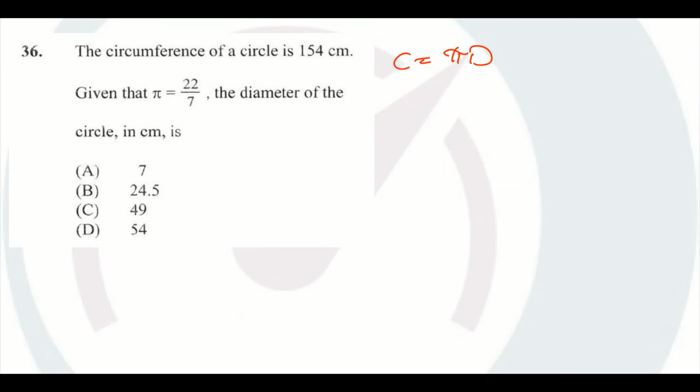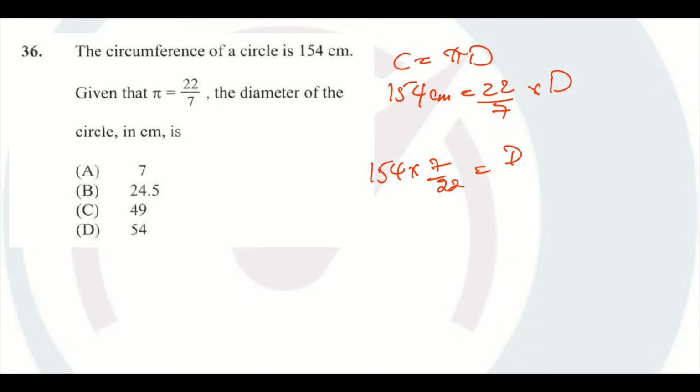So C is 154 centimeters, pi is 22/7, and D is what we want to find. To find D, you multiply both sides by the reciprocal of 22/7. So 154 times 7/22 is equal to D.